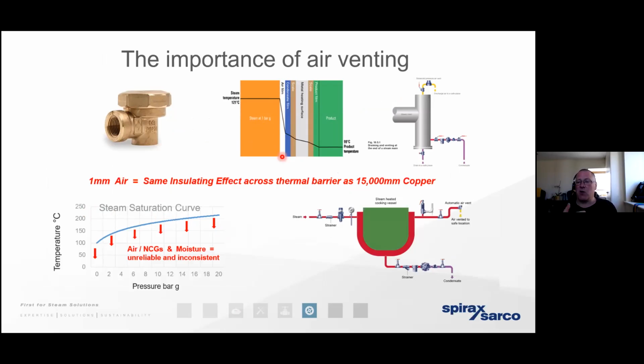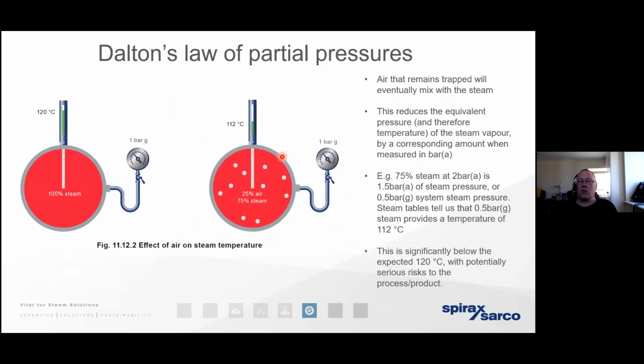So we fit thermostatic air vents at the process and at key areas around the distribution network. And that's really to remind us that many processors will estimate the steam temperature by taking the pressure. But of course, we know that any air that is present is going to result in the temperature of the process being slightly below where we expect it to be.